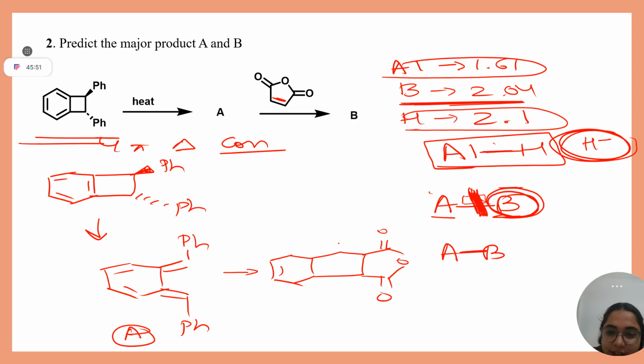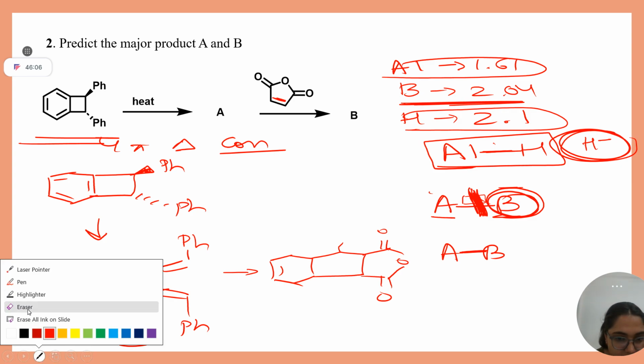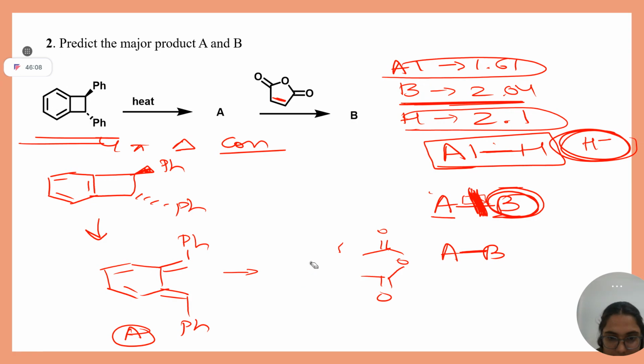Now tell me the stereochemistry of the product. Wait, one thing I think I have made wrong. Ma'am, the Ph will be on the opposite side. That's what I'm telling, because it is not cis. The Ph groups are on opposite sides, they will be opposite only.